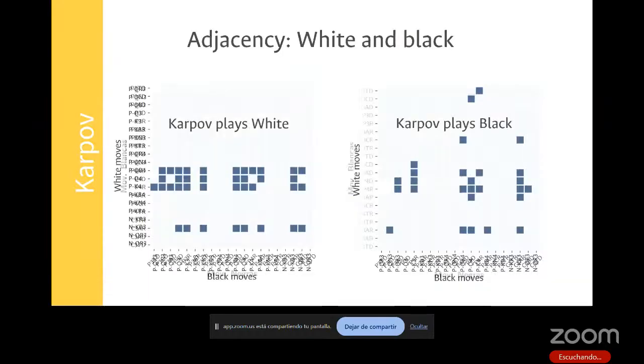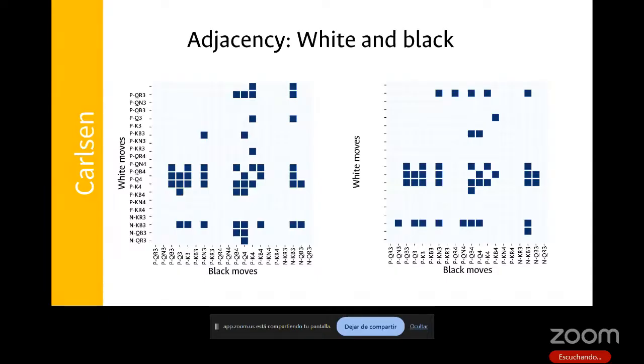Sorry, it is not going at the same velocity. So this is the matrix. When Karpov plays white, you would see that it has 4 different moves as the first one, and he has maybe 8 when he is playing black. Let's see another player, Magnus Carlsen.